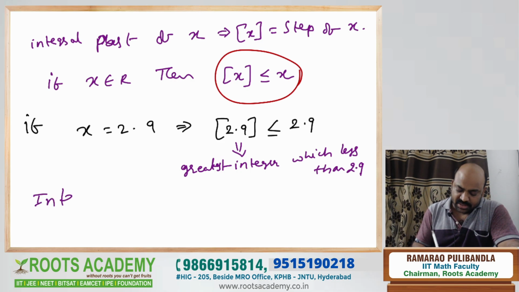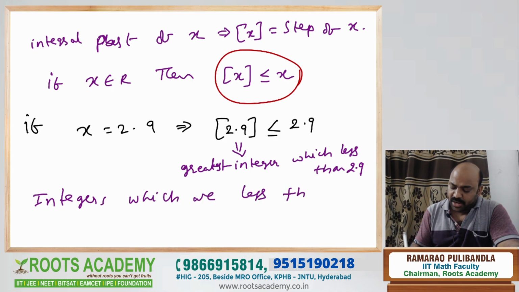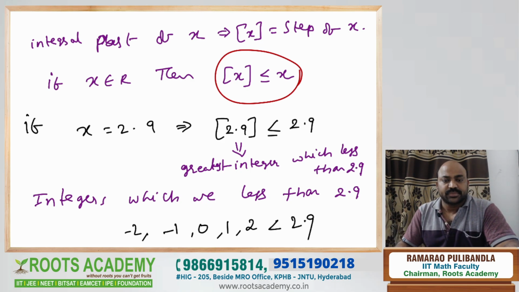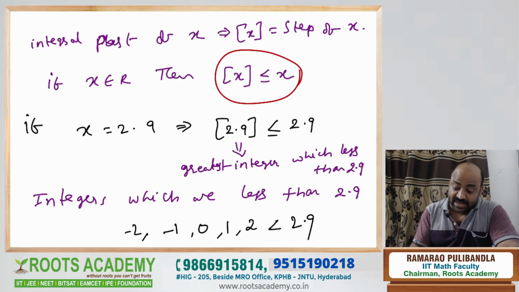Integers which are less than 2.9 are, can you say what are the integers? 2, 1, less than 2.9, don't forget it. 0, -1, -2, something like that. Are you able to follow me? But what is the greatest among them?